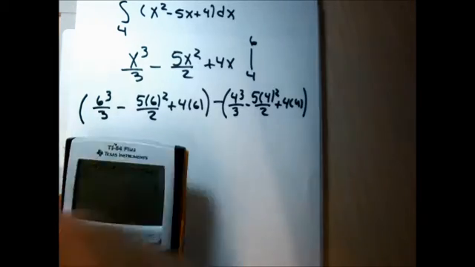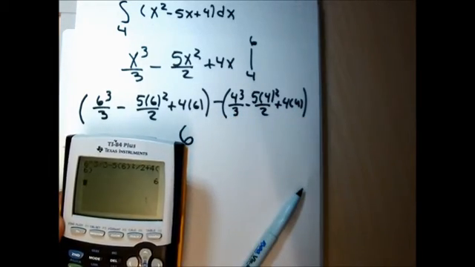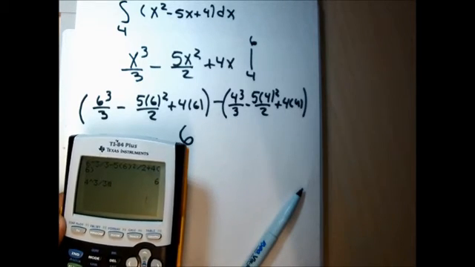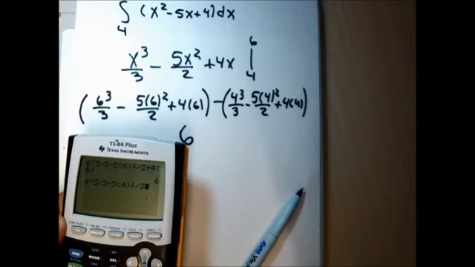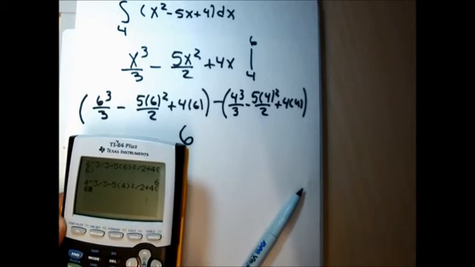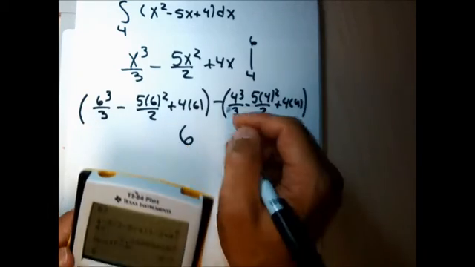Oh, 6 is such a nice number. Second parentheses, 4 up arrow 3 divided by 3 minus 5 times 4 squared over 2 plus 4 parentheses 4. Math, enter, enter.